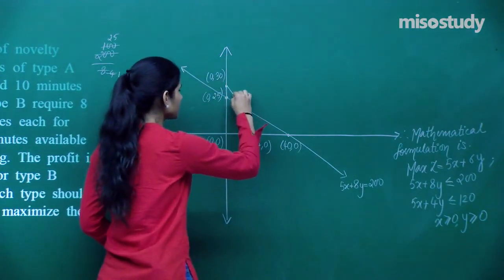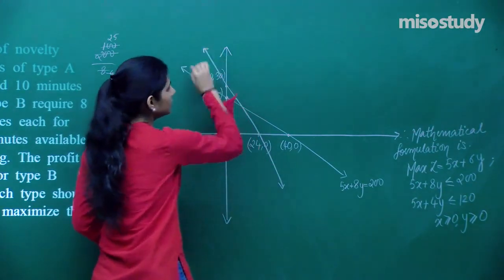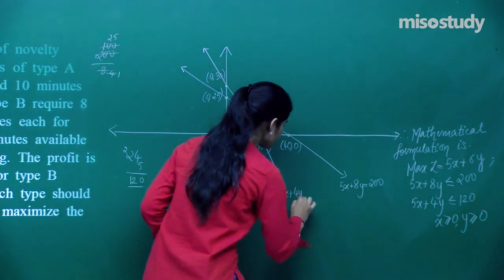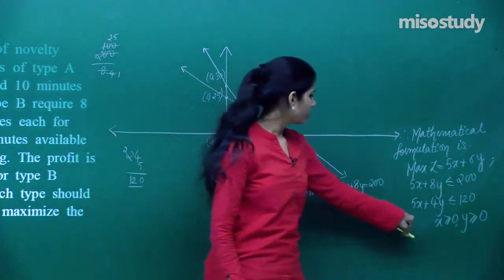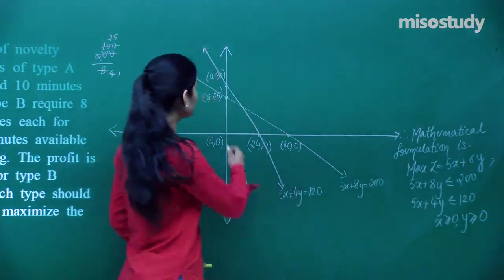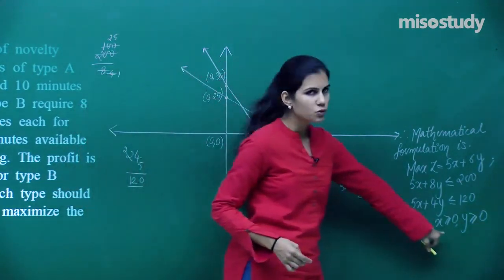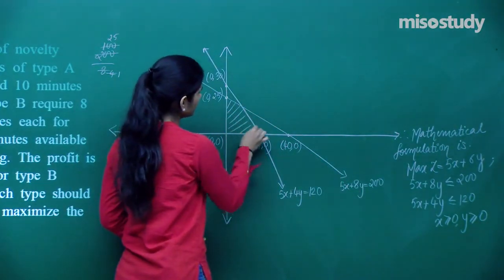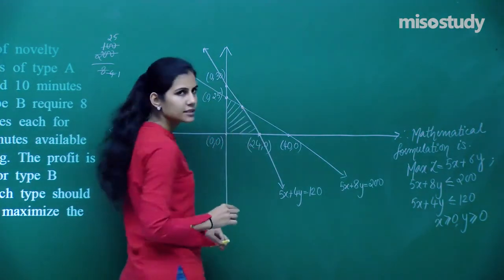This gives you the line represented by 5x plus 4y equals 120. If you put x equals 0, y equals 0, 0 plus 0 is less than 120, yes, it is true. So this side of the line, and already this means the first quadrant, so my feasible region is going to be this. This is my feasible region with these 4 as corner points.